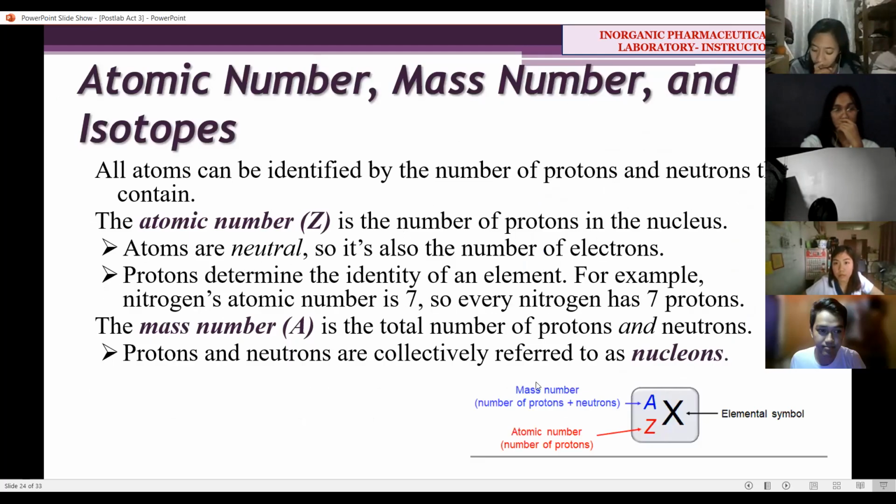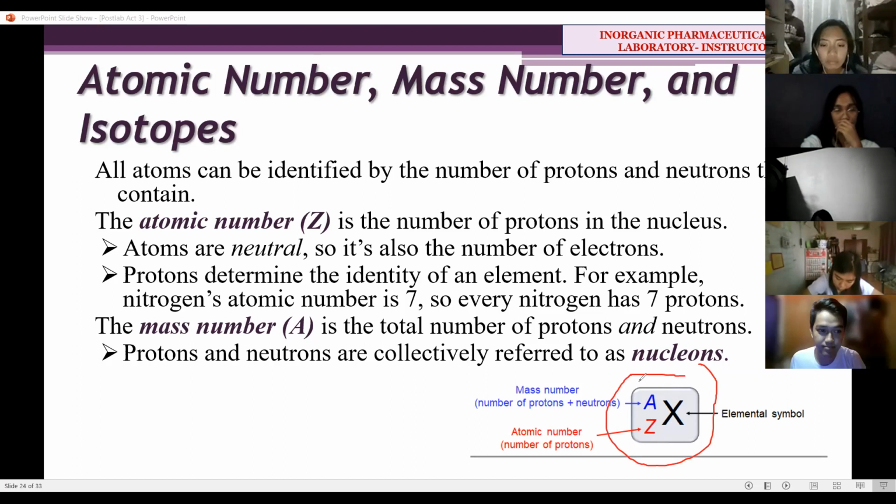But for the numbers found in our periodic table, this is how we write them. We always write the symbol of the element, then on top the mass number or atomic mass, and at the bottom the atomic number. The symbol for atomic mass is A. Again, that's the proton plus the neutron. That's how you get the mass number.